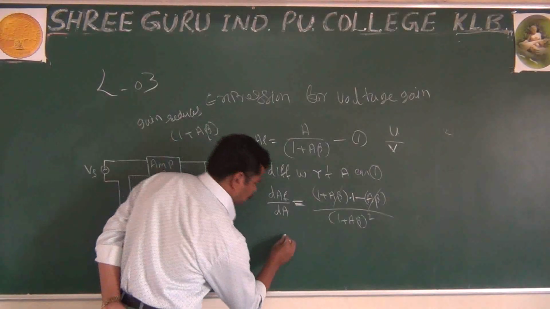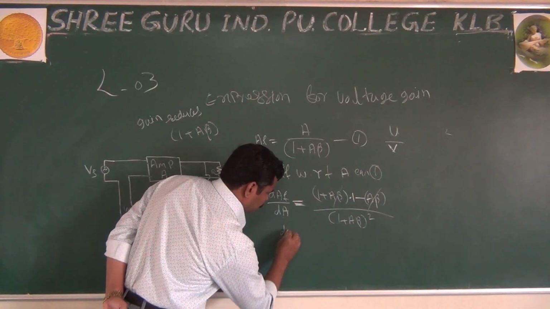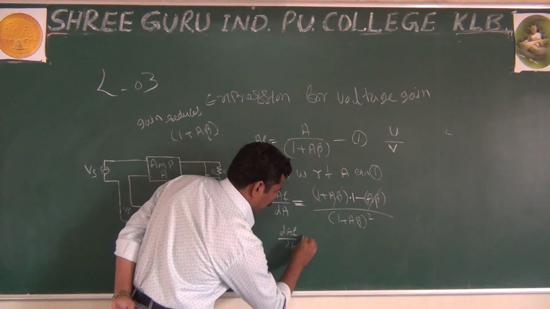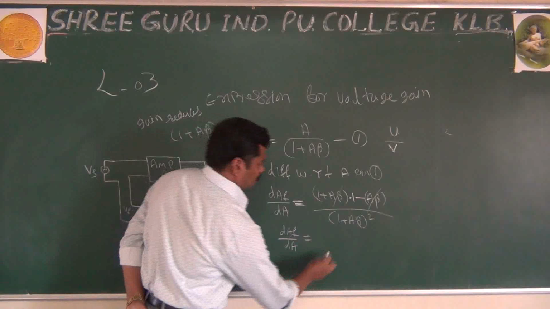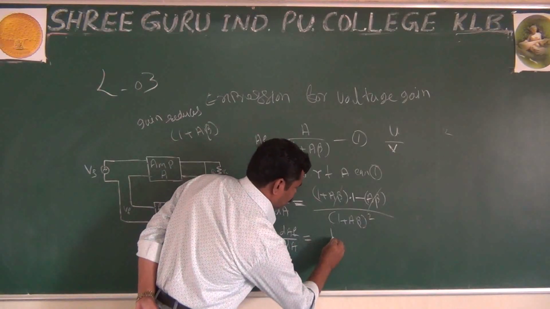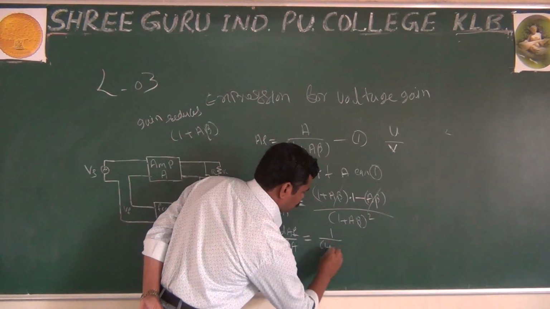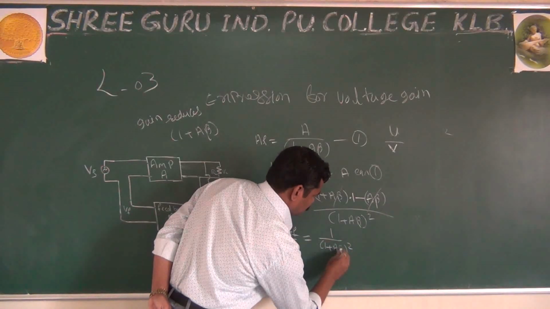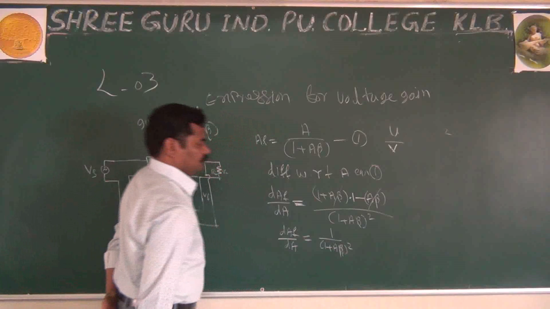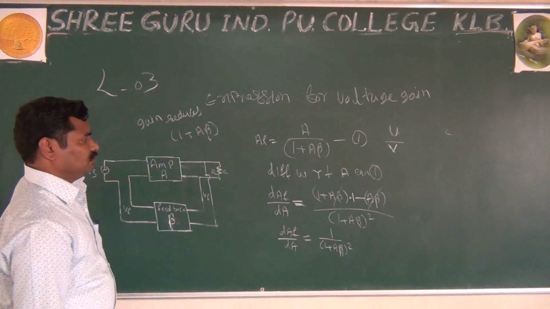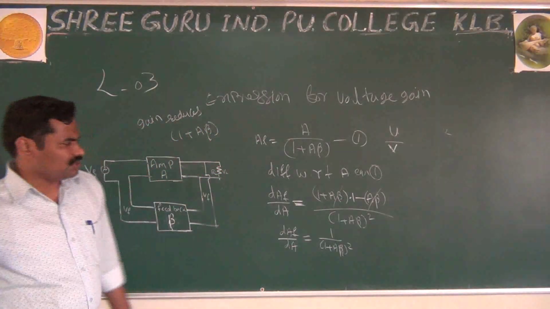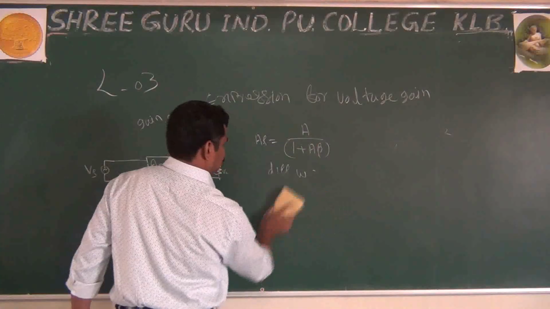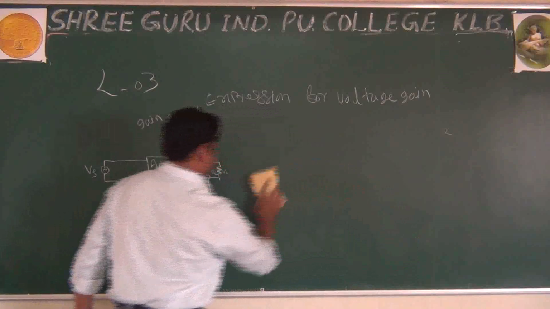We'll get dAf by dA equal to 1 divided by (1 plus A beta) whole square. In simple words, it becomes so much bigger, but it's simple.